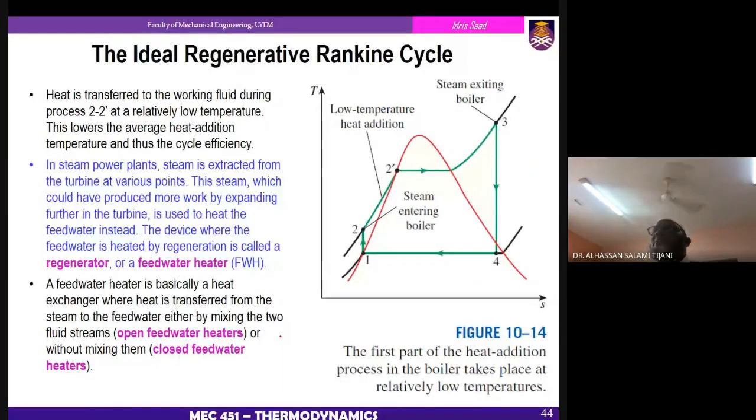Now let's look at the ideal regenerative Rankine cycle.